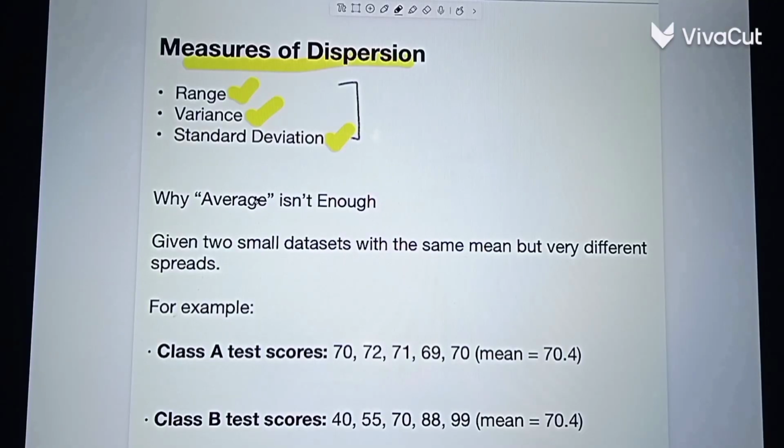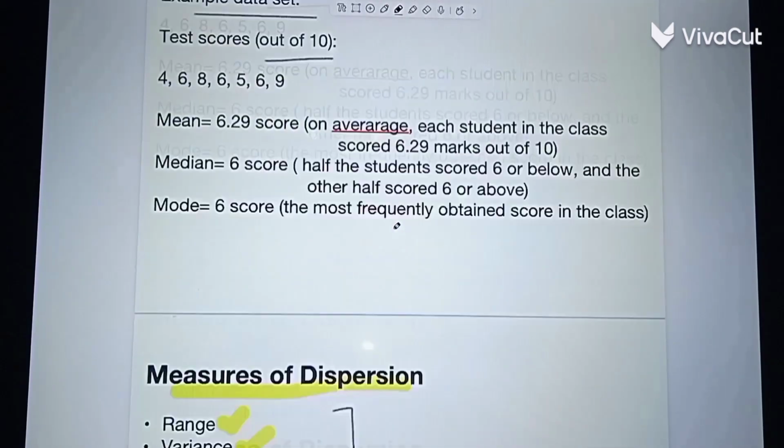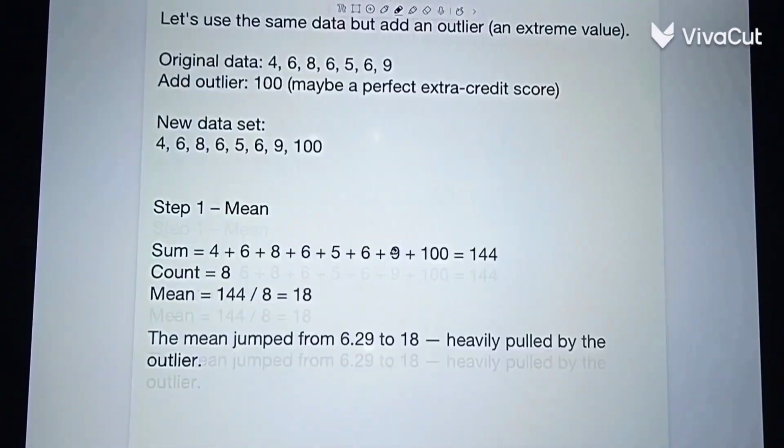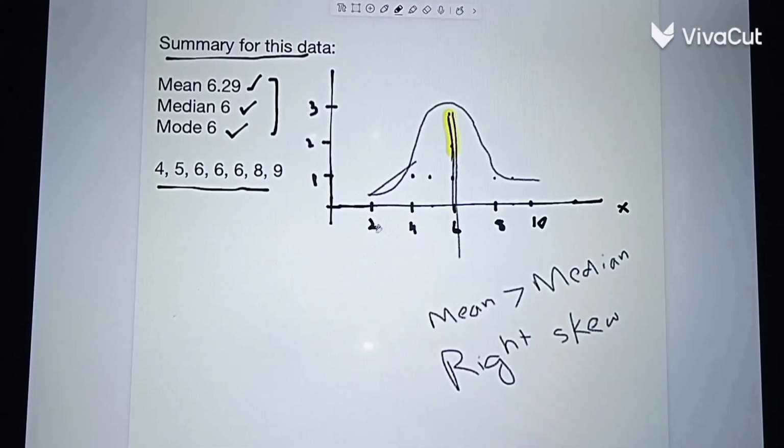Remember, measures of central tendency, that is mean, median and mode, mostly called average, only tell us about the center of the data. They do not tell us how far the values are from each other or from the center. In the previous lecture, we plotted the data here.